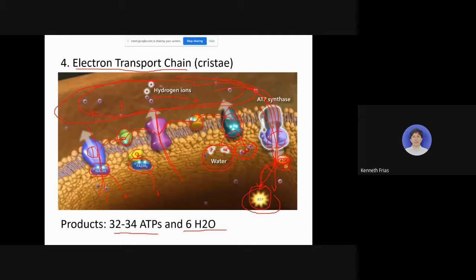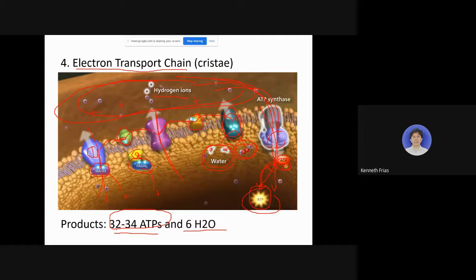That's per glucose molecule that is being processed in cellular respiration. Okay, so it still depends on the number of glucose. So the more glucose, you just have to multiply. Okay, so this is per glucose molecule. So that is the product of the electron transport chain.